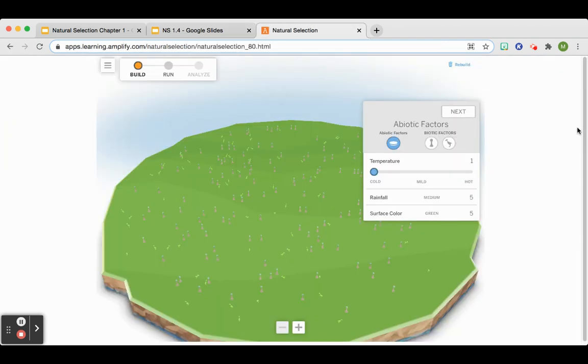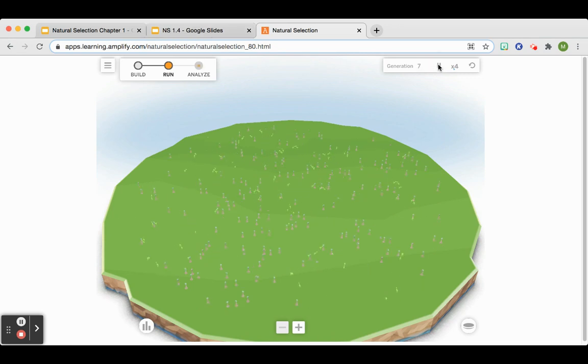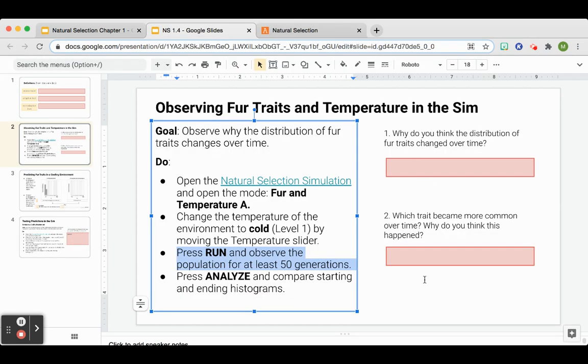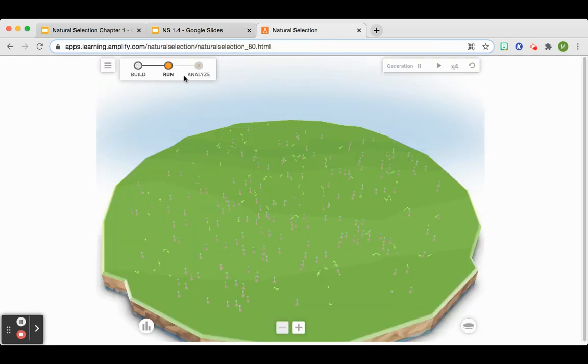Then I'll press analyze. How to do that is you just want to run it and you'll watch up here the generations going up. If you want to make it faster, you can. And wait till it gets to 50. Then you will stop it and click analyze once it gets to 50, and then answer those two questions there. You will compare the starting and ending histogram.